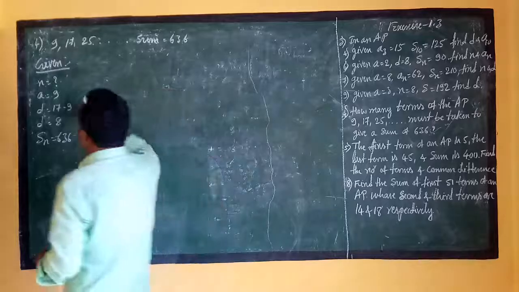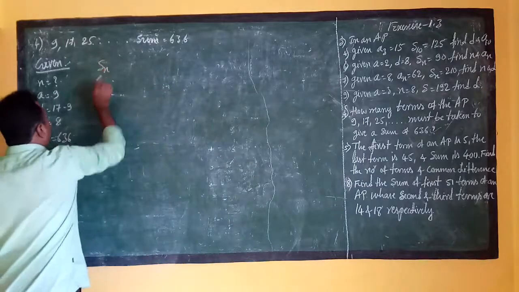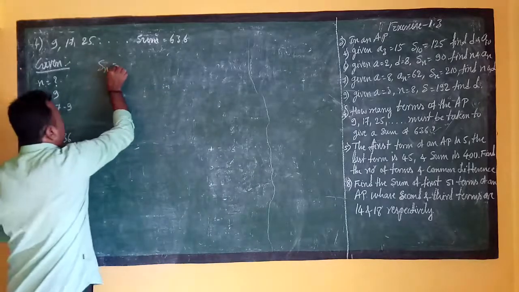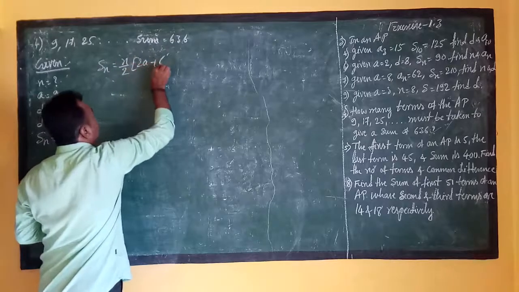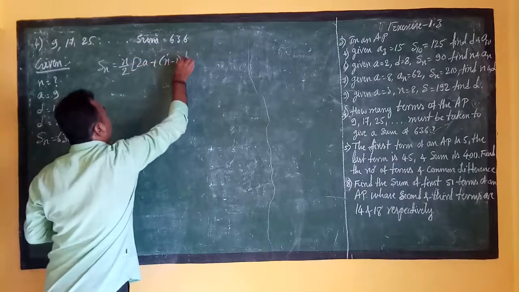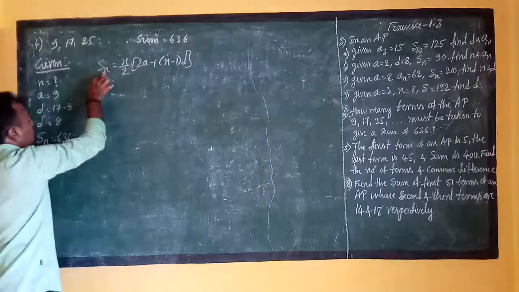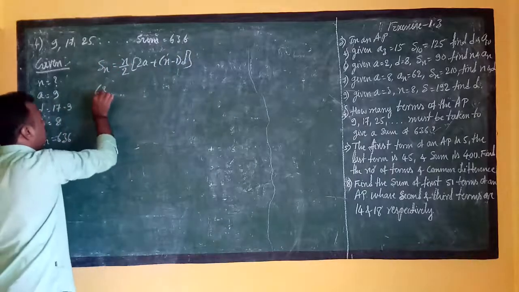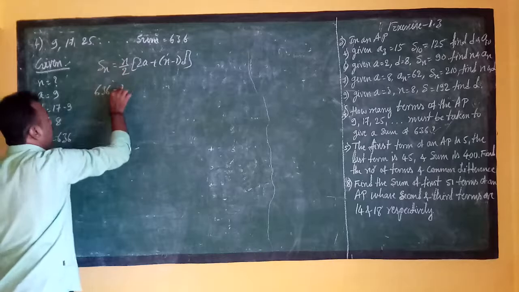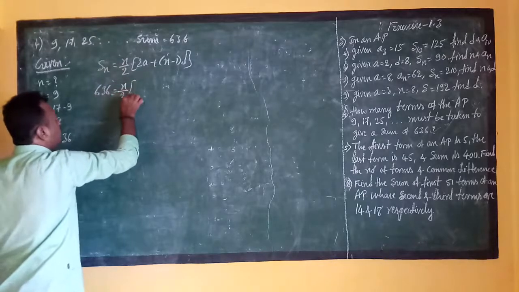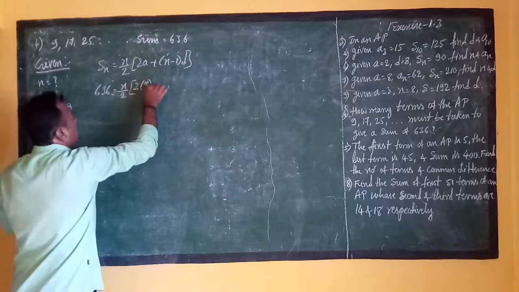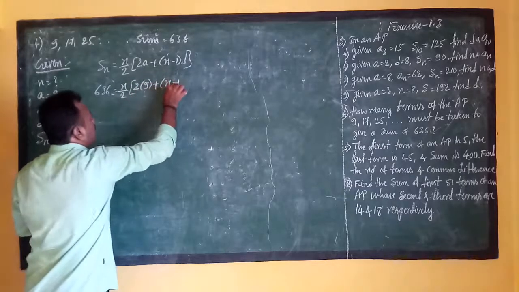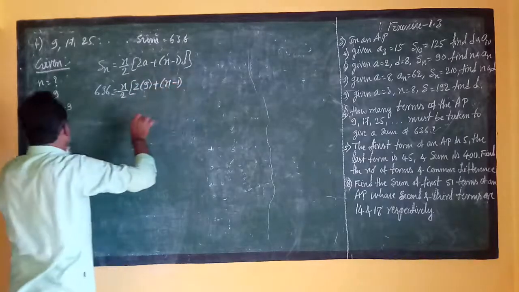Yes students, Sn is given, therefore we have to use this formula: Sn is equal to n by 2 into 2a plus n minus 1 into d. Yes, Sn is 636, equal to n, which we have to calculate, divided by 2, into 2 into a, which is 9, plus n, which we have to calculate, minus 1, into d, which is 8.